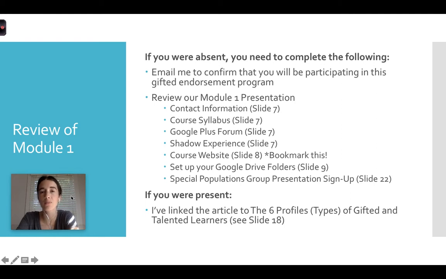Module 4 is dedicated to your special populations work and reviewing all of that, but you're welcome to start to gather some of those resources or start to skim or read some of those as you move on. If you were present last night, I've linked the article on the 6 profiles of the types of gifted and talented learners. I know I read a lot of descriptions out loud and just showed you some tidbits of it, but if you want access to that document, see slide 18 and it links you to that.